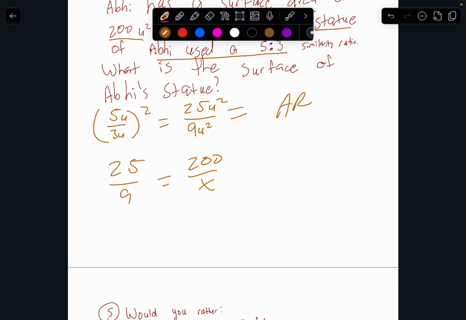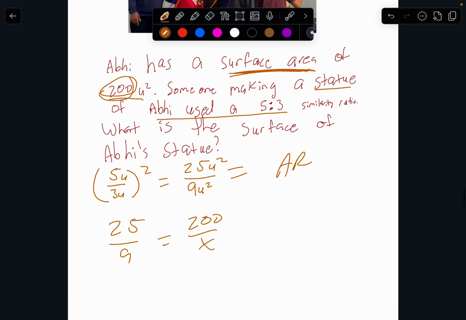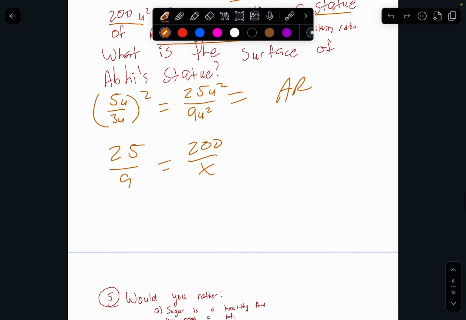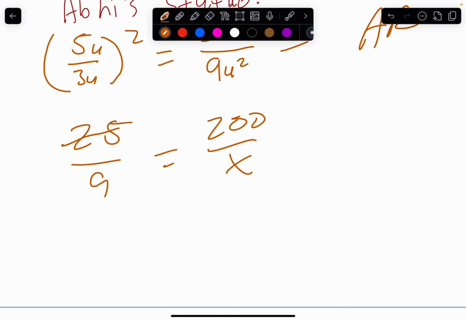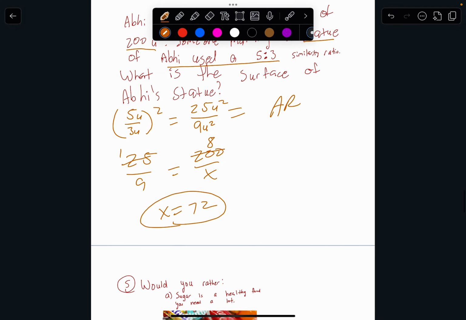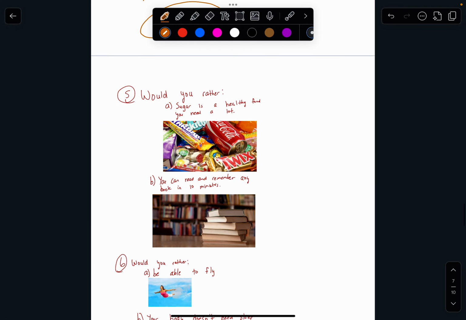You can't work with area unless you have an area ratio. One of the worst things you can do is square or square root the area. That's not what we're doing. We're using the ratio. We square the ratio. So reduce 25 and 200 would be 1 to 8. Cross multiply, x would equal 72. But you gotta square that ratio.